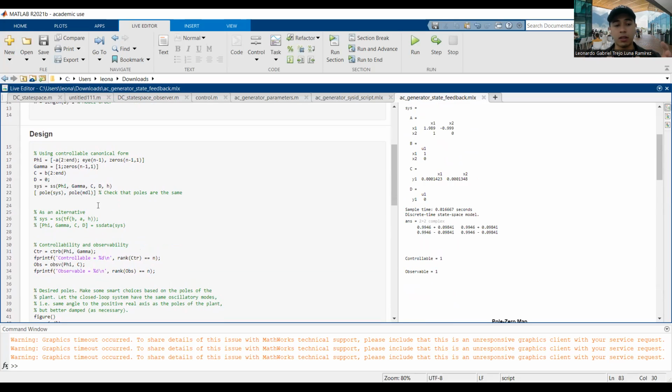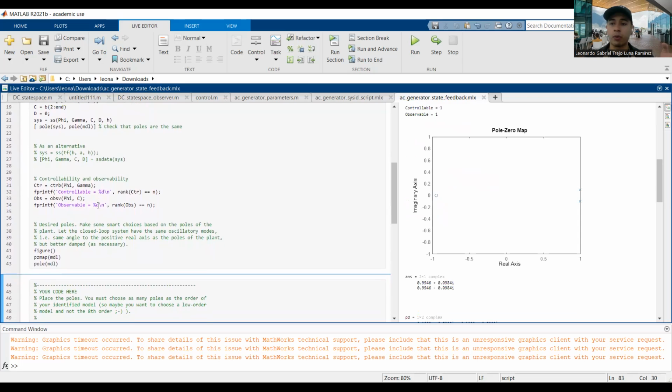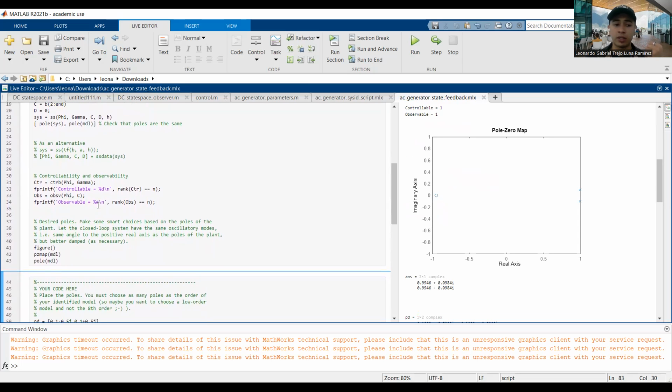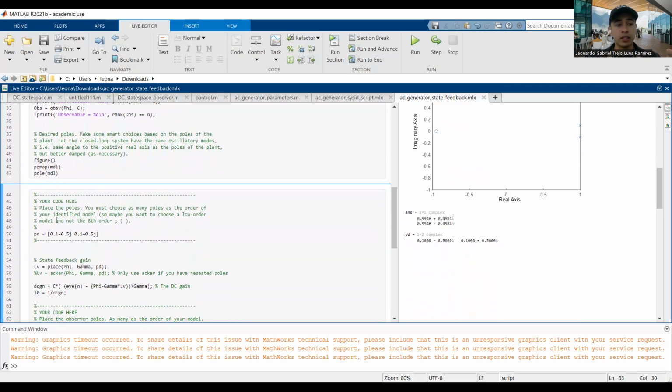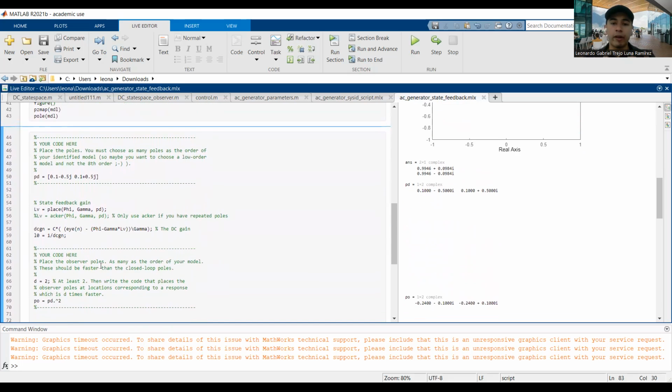With that done, we can start placing our poles to get the response that we desire. In this case, I chose these poles: 0.1 minus i0.5 and 0.1 plus i0.5. As you can see, they're complex conjugate poles. You use the place function and you get the state feedback.